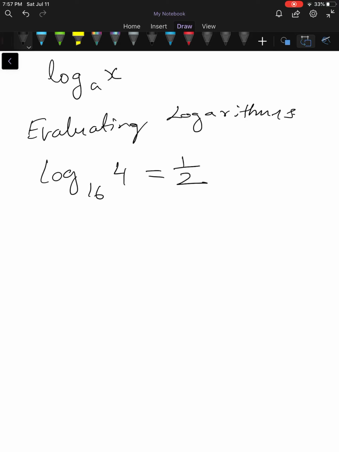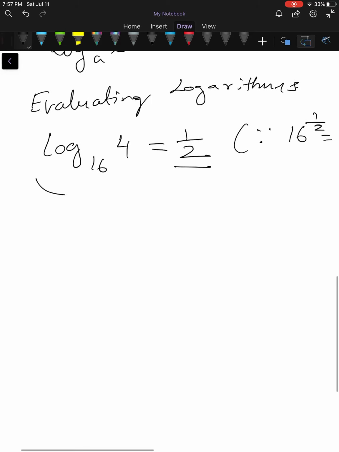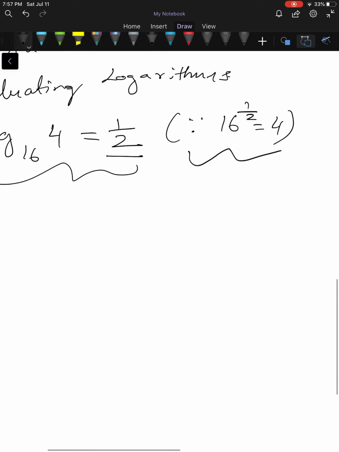The square root of 16 is 4, so that exponent is the value here. It is 1 over 2, because 16 to the power of 1 over 2 is 4. That is how you evaluate logarithmic functions using exponential functions.